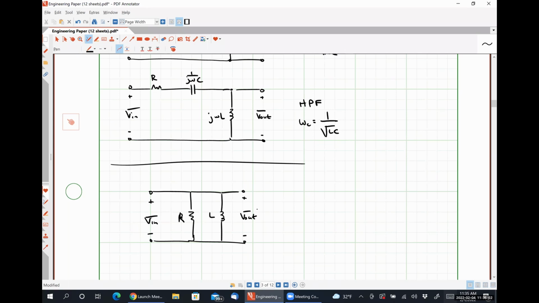So filters don't work with parallel RLC circuits because we can't look at a portion of the spectrum. We always get the full input signal at our output, regardless of what the frequency is.